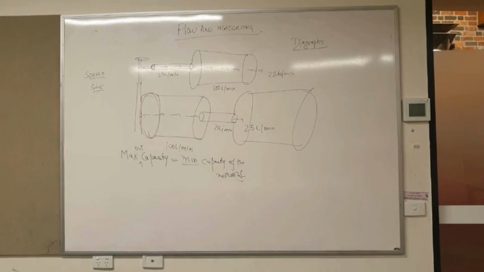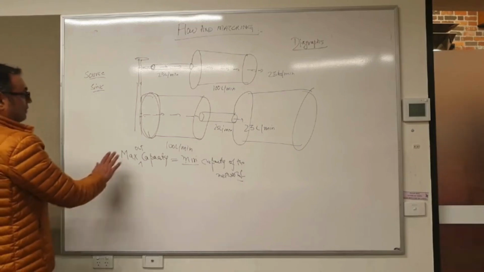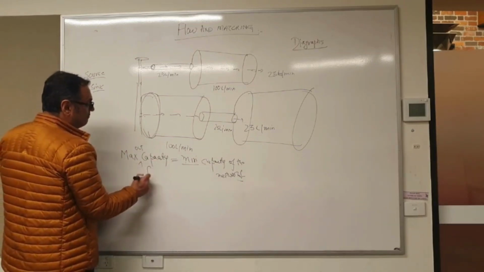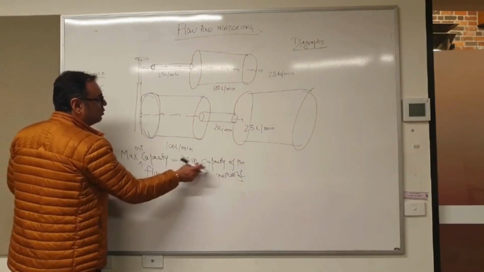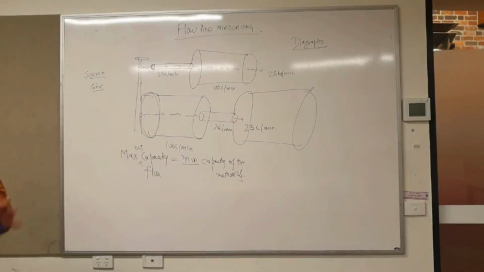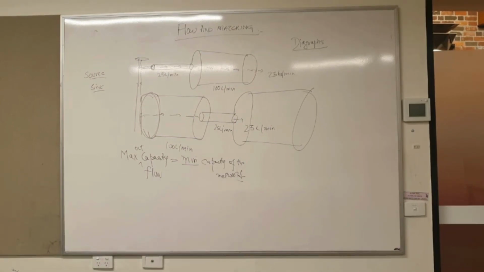With me so far? Alright, let's do a question and that'll make more sense. So again, the maximum flow equals the minimum capacity. That's the ground rule. Right? Let's do a question and try to implement that in real life.